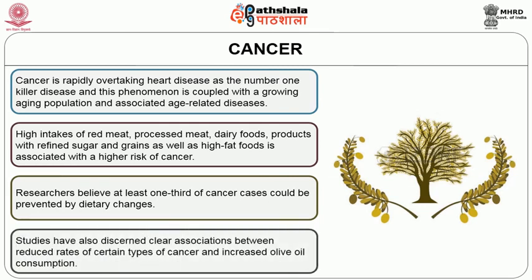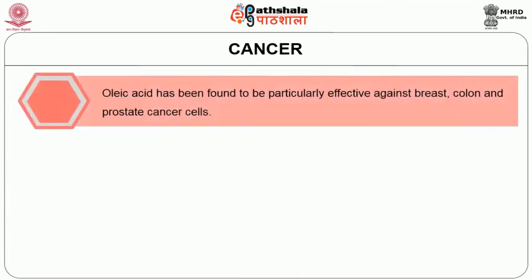Studies have also discerned clear associations between reduced rates of certain types of cancer and increased olive oil consumption. Oleic acid has been found to be particularly effective against breast, colon, and prostate cancer cells.